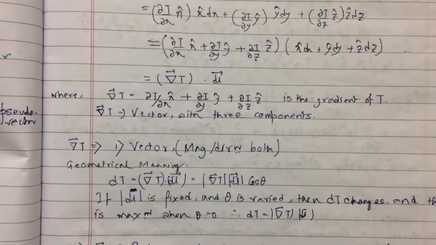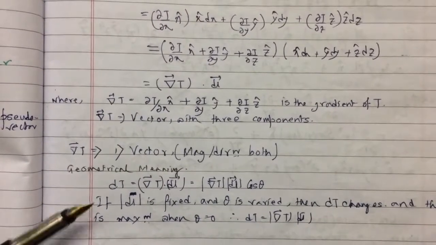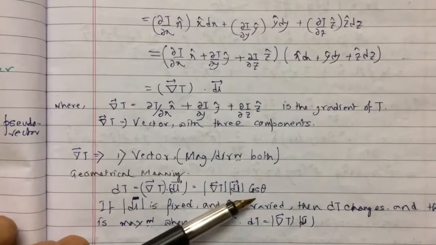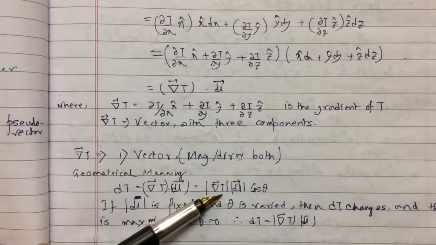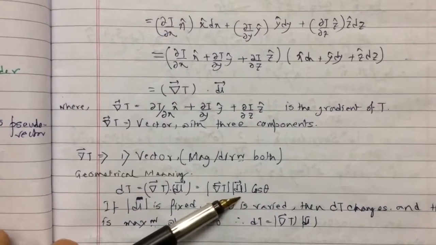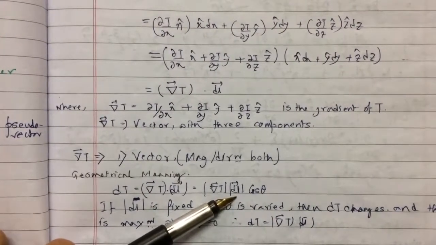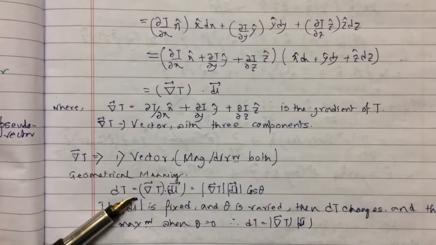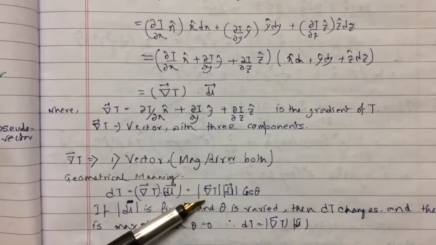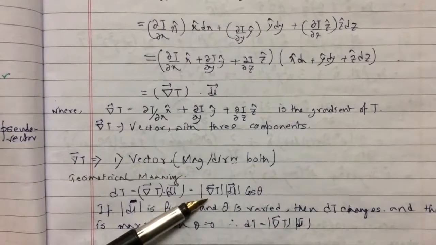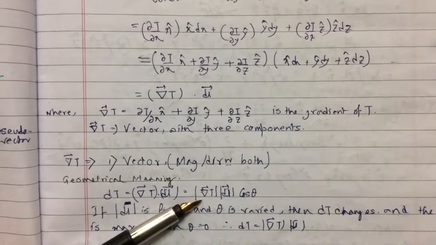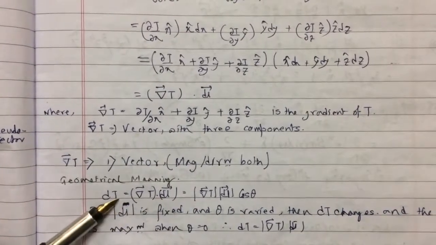So this dt will be maximum যখন theta equal to 0, cos theta equal to 1, তাহলে maximum ভ্যালুটা হবে gradient of T এর ম্যাগনিটিউড ইন্টু dl এর ম্যাগনিটিউড. dl এর ম্যাগনিটিউডটাকে আমরা আগেই ফিক্স করে দিয়েছি. তাহলে for a fixed distance dl, dt is greatest when we move in the same direction as gradient of T. So the gradient of T basically points in the direction of maximum increase of the function T.